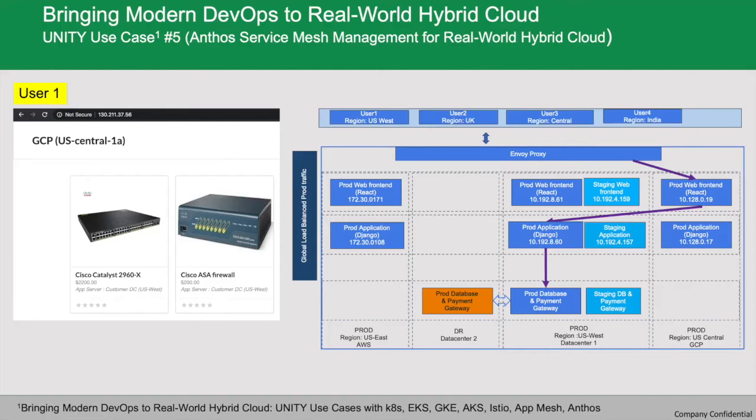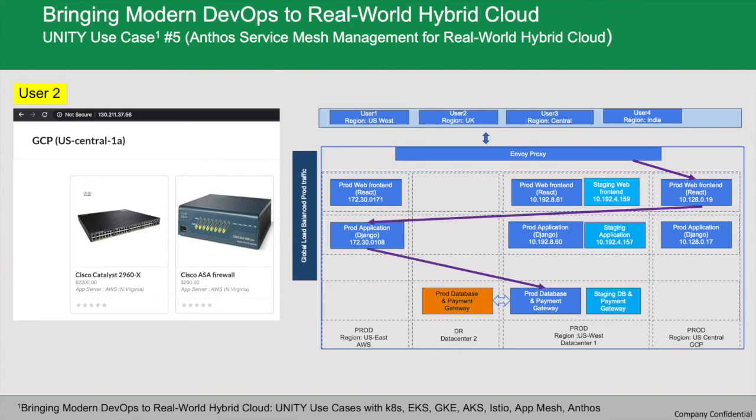So here's a view of what's happening. You'll see that the application is being served by 3 regions: US West Data Center, US Central GCP, and US East Amazon. And we're going to simulate different users, and we're going to look at where the traffic is being served at each service tier. So in this case, user 1 goes to GCP and then the data center.